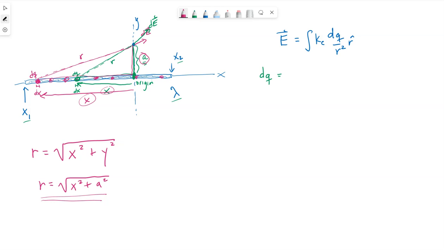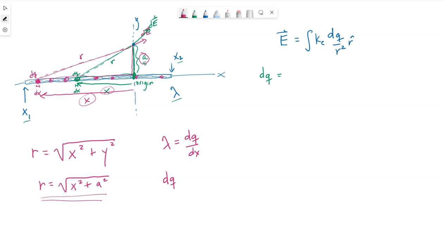So to write dq in terms of dx, that's where lambda comes into play. The linear charge density can always be written as the total charge over the total length, but it can also be written as the charge on this little point charge, we're calling that dq, divided by the length of this point charge, which we're calling dx because it's on the x-axis.